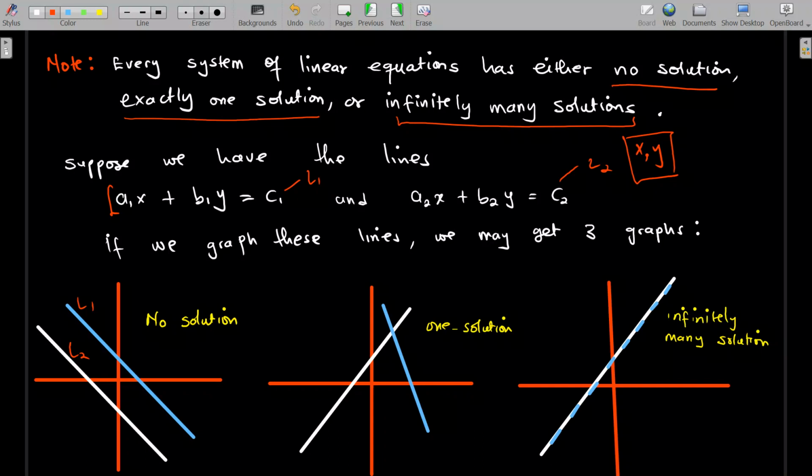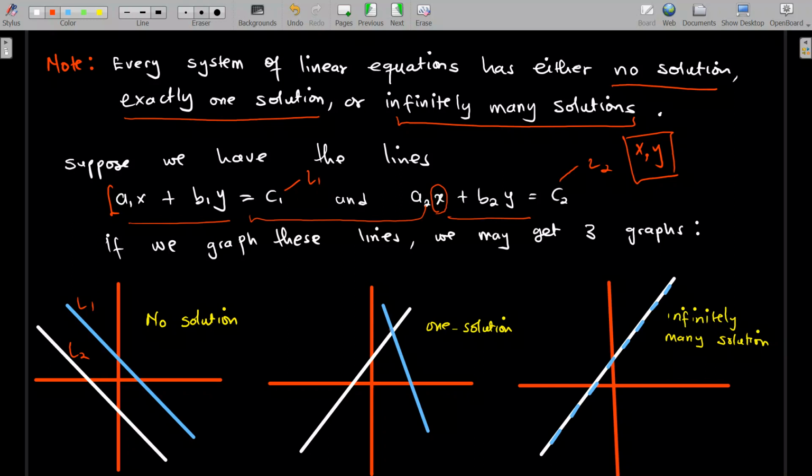The solution to this system is all the points where they meet: at what point do you have the same values of x and y for this equation and for that equation? At what point do they intersect? In the first scenario, you don't have a solution.